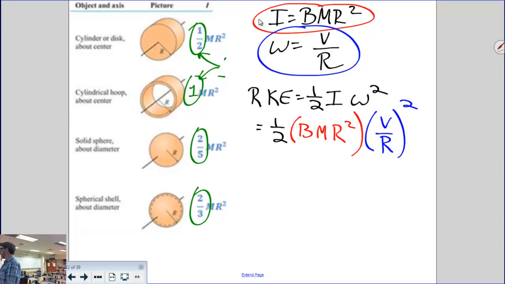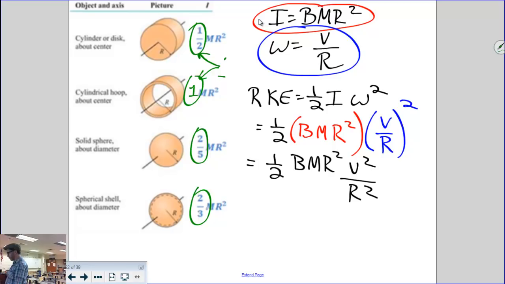And so what does that give us? It gives us 1/2 B m r squared v squared over r squared. So first of all, notice these guys cancel out, right?